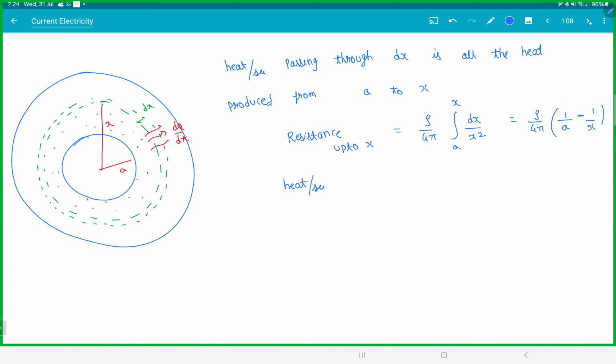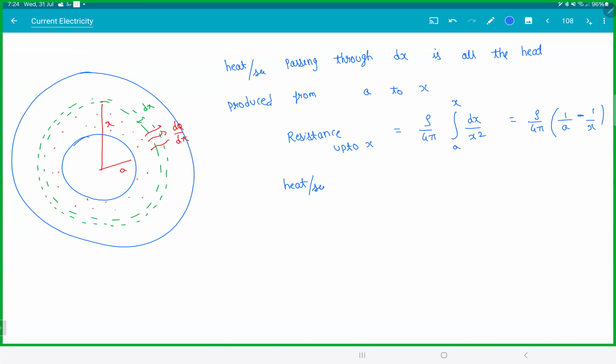You'll get dT is equal to minus I square times R, where R is rho by 4 pi (1 by A minus 1 by X), times dx by 4 pi x square k. And then integrate this. For dT, limits will go from T2 to T1, the inner surface. And on this side, the limits for x will be from 2A to A. If you solve that, you will get T1.